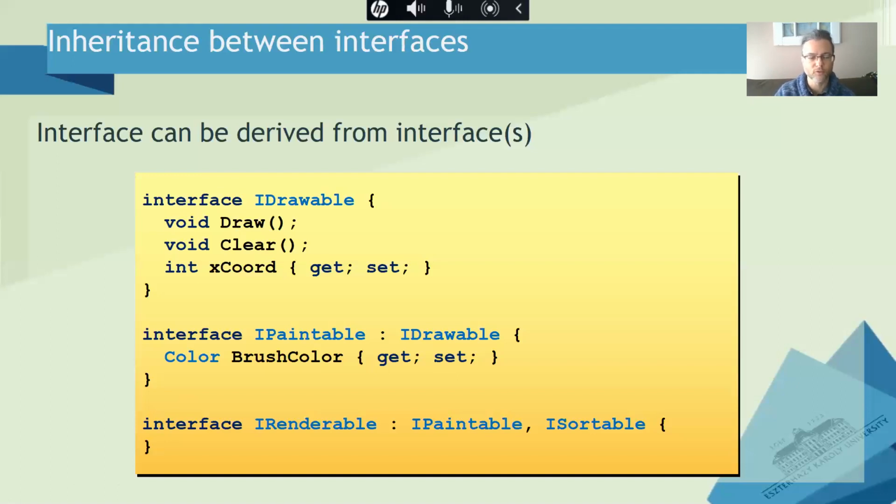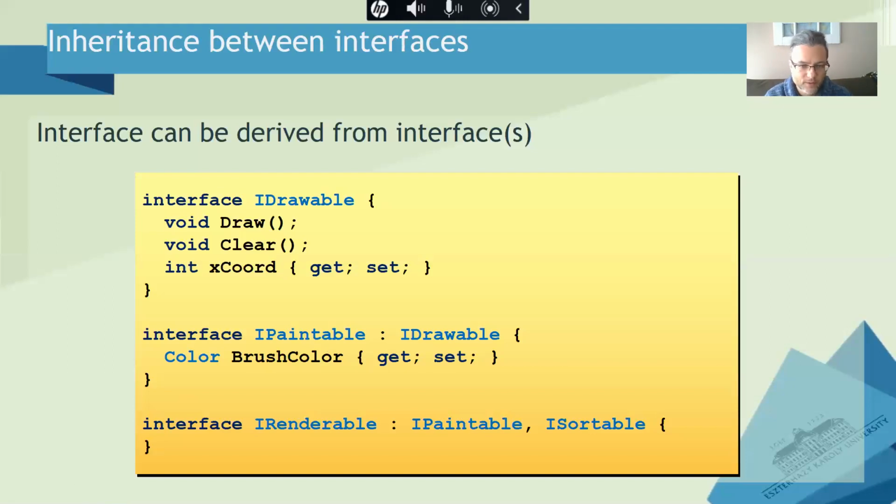You probably need to query the x coordinate or the y coordinate of your shape. Then let's suppose users want not only to draw, but also to paint those shapes. Therefore, I created a paintable interface here, which is a kind of extension of the drawable interface with a brush color.